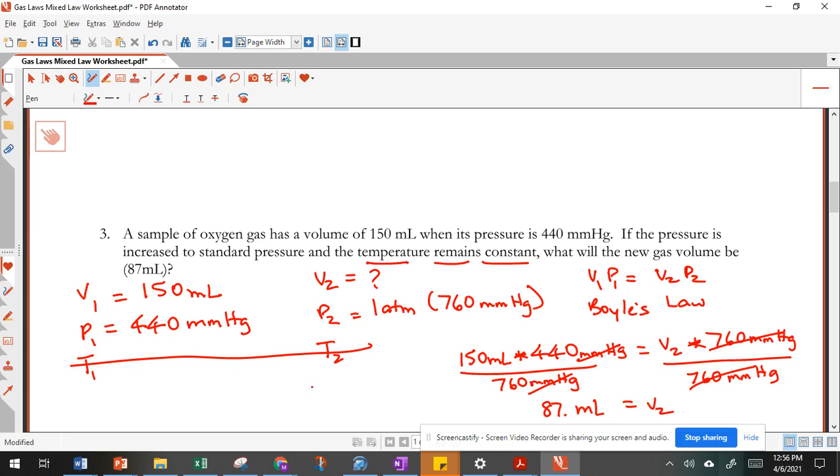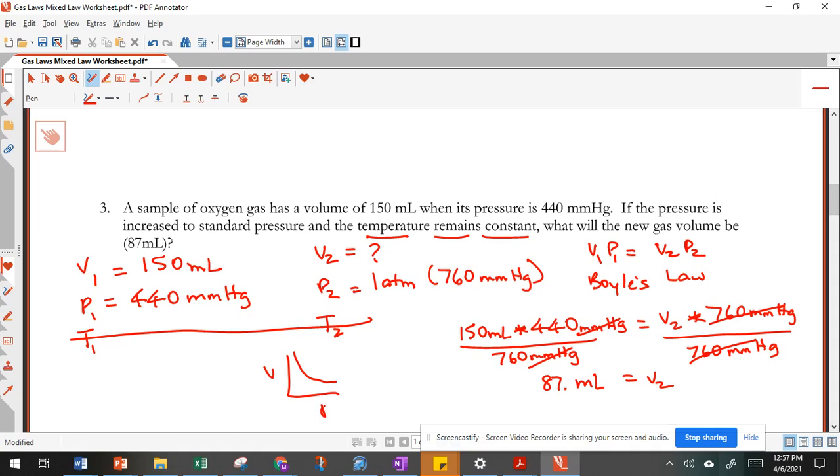So remember, the relationship between pressure and volume is that as pressure is increasing, the volume should decrease. And that's exactly what we're seeing. So this answer makes sense. And if you look at this worksheet, it actually does give you the answer, so you could check your work by checking your answer there. Okay, so that's a Boyle's Law problem.